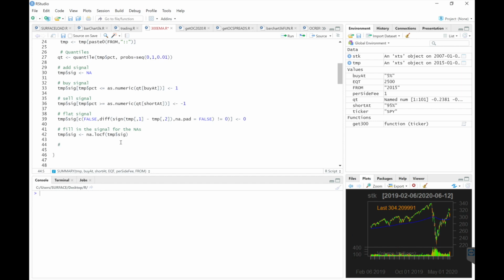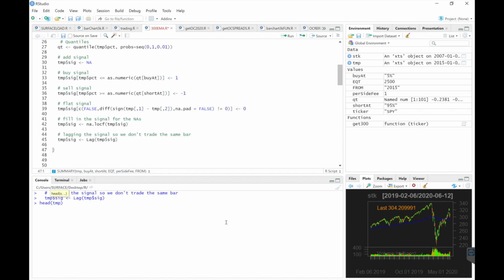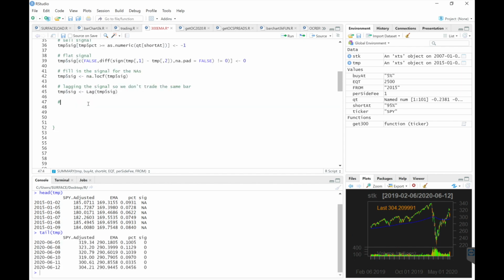So now I'm gonna have to lag the signal so we don't trade that same bar. So just in case, I'll add zeros for the first observation and the last observation. So for the first position, we'll add 0.